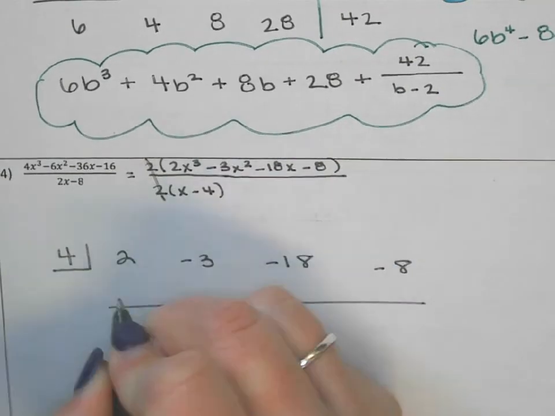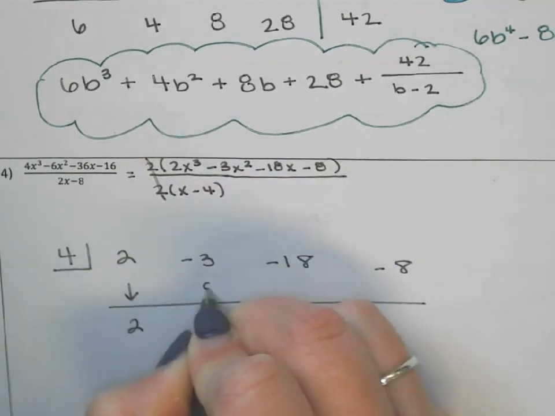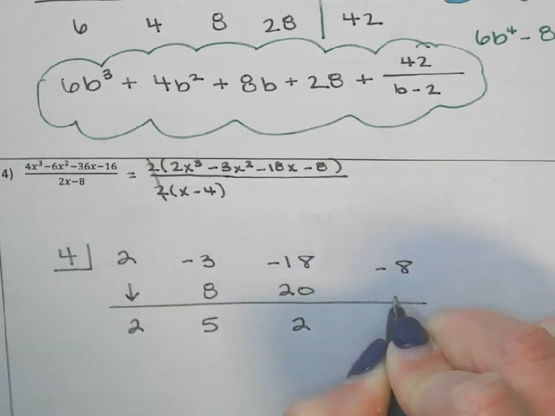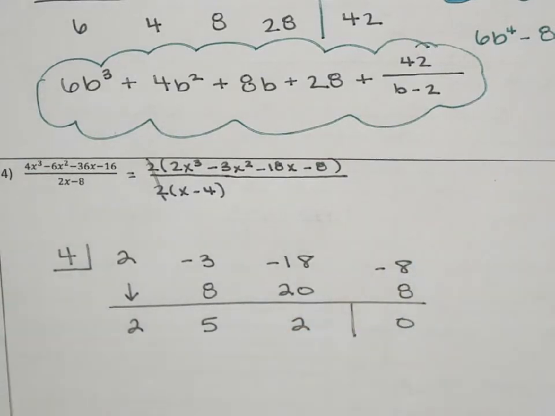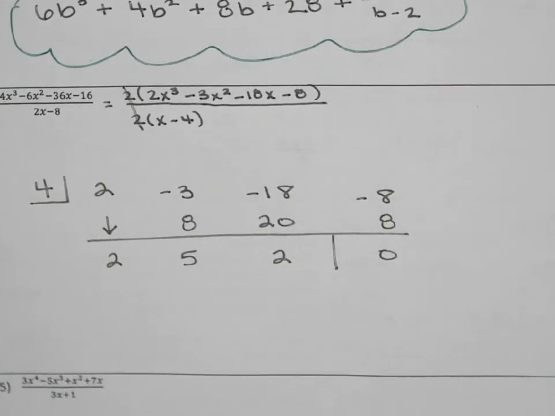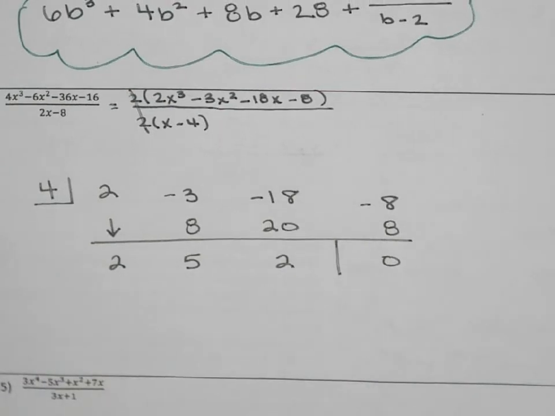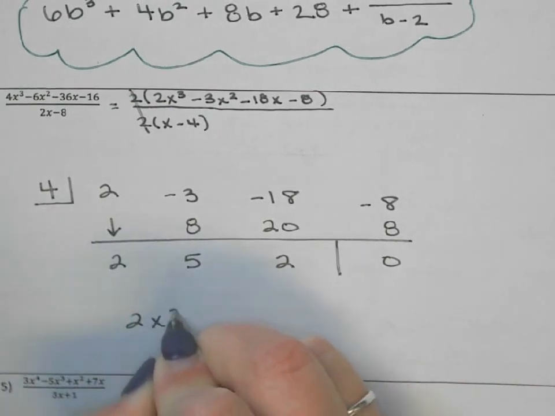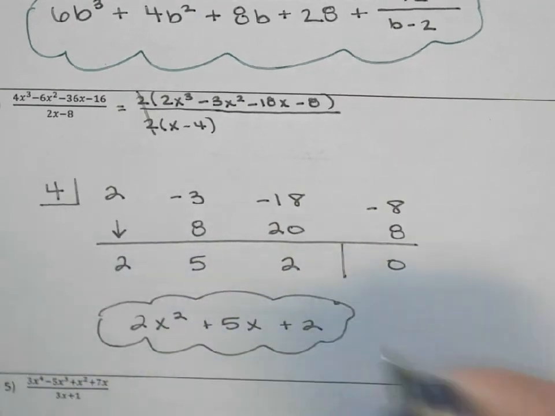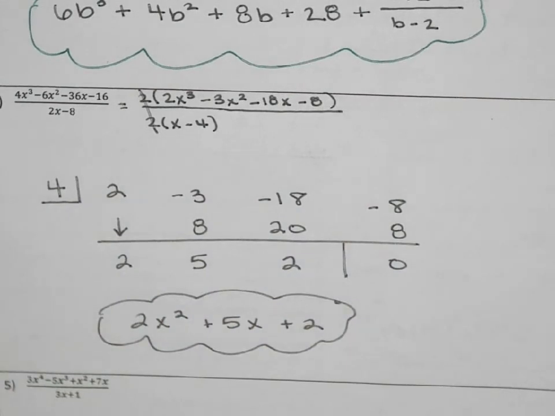Okay, so then doing the algorithm, bring down the 2, multiply, add, multiply, add, multiply, add. Okay, so then what's our final answer here? 2x squared plus 5x plus 2. And just to save time, I'm not going to show you again how to check, but that's what our answer would be.